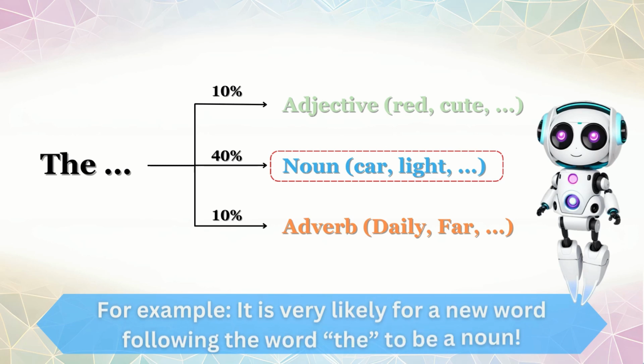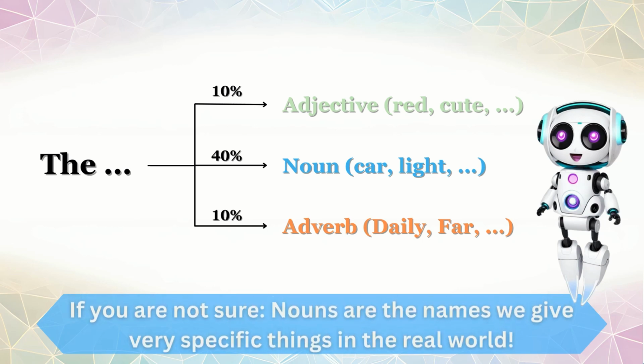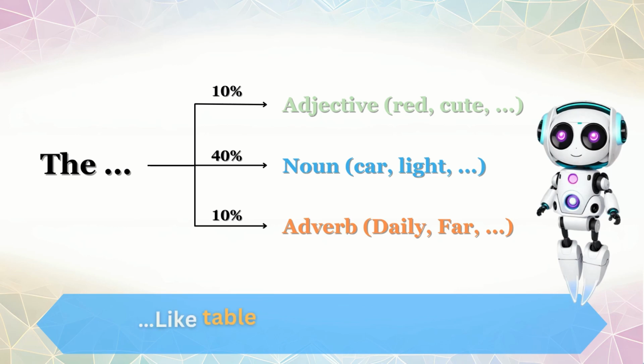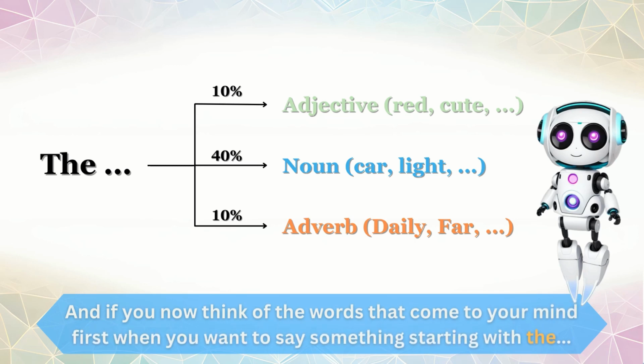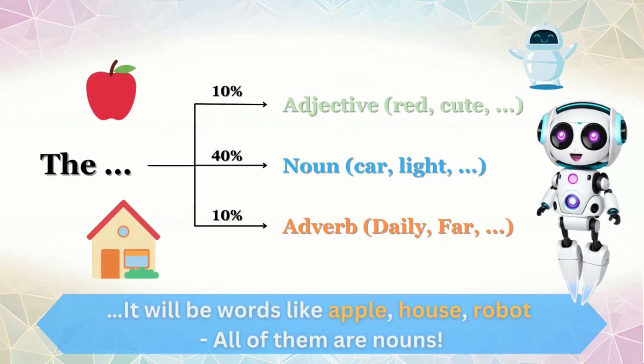For example, it is very likely for a new word following the word the to be a noun. If you are not sure, nouns are the names we give very specific things in the real world, like table or video or happiness. And if you now think of the words that come to your mind first when you want to say something that starts with a the, it will be words like apple or house or robot.